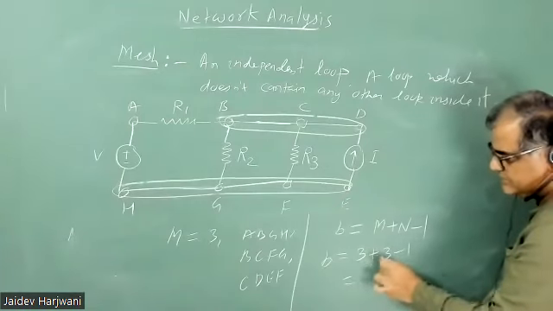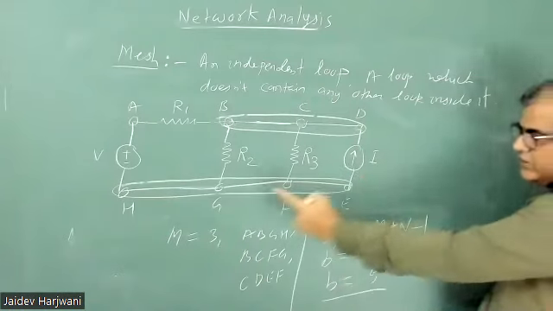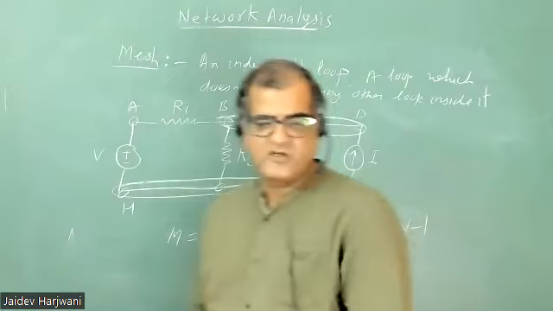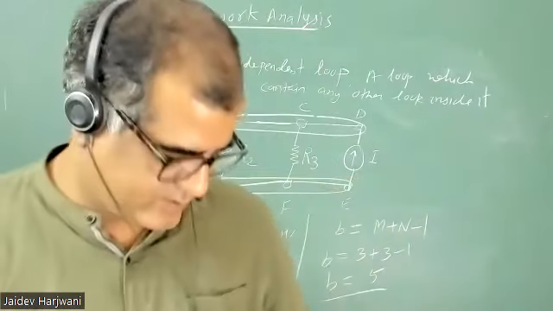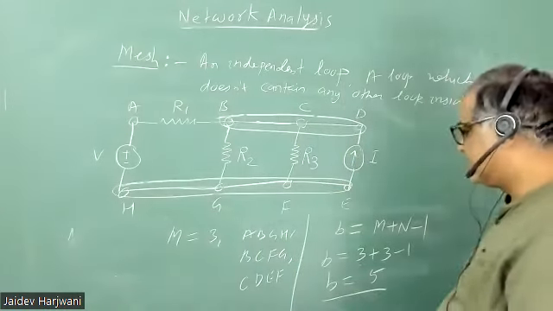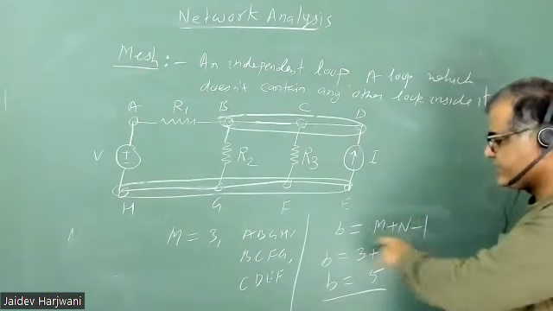So we have 3 plus 3 is 6, minus 1, 5. So we have 5 branches, and you can count them: 1, 2, 3, 4, 5. So this relation always holds in a network. Branch number, mesh number, and node number are connected by this expression.